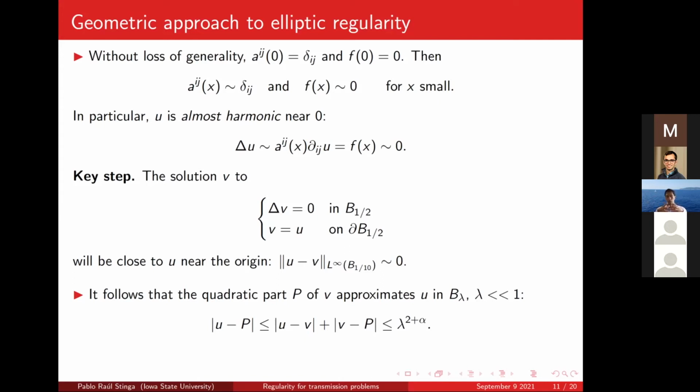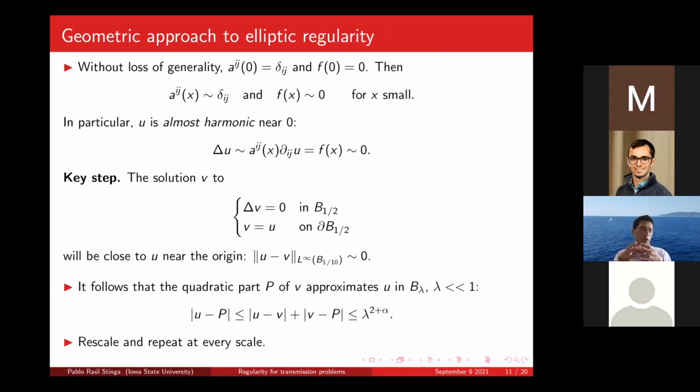And then what do you do? Well, you take that picture, rescale to 1, and repeat. Scale and repeat. So you rescale everything to 1, and then you are back to the same situation. Then you find another polynomial that approximates at scale lambda. But that means that a combination of those polynomials will approximate u very well at scale lambda squared.